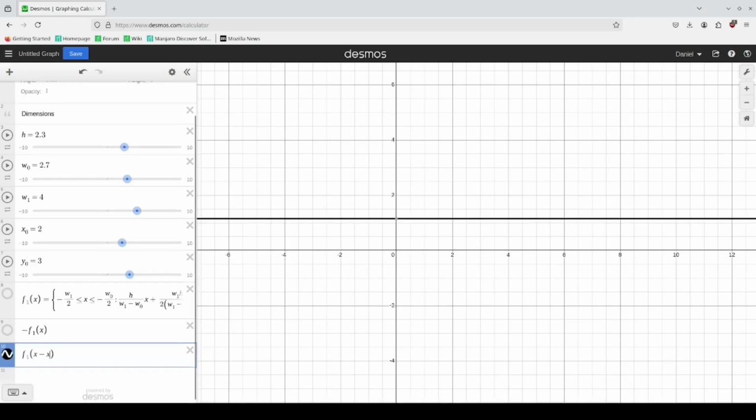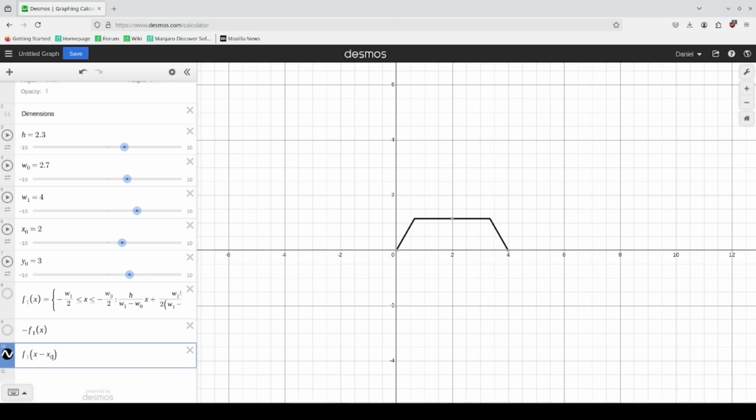But now you can subtract x0 and you can start translating this equation and do the same thing with y sub 0 here. And you notice that we didn't need to go through every single one of these fields and apply x0. We just put it in this function and it'll apply across the board.